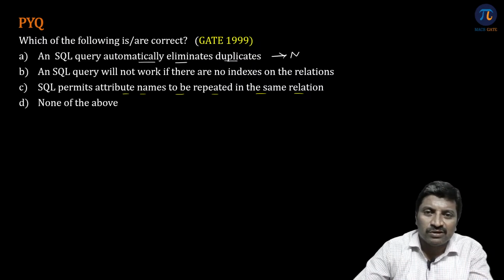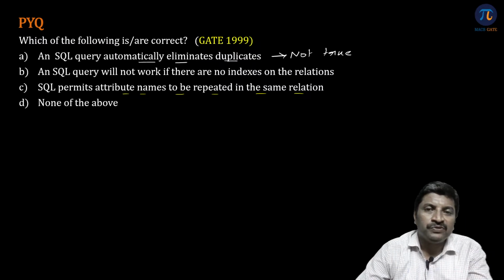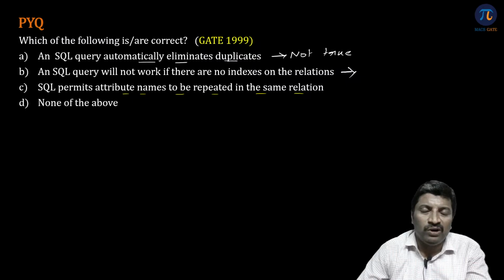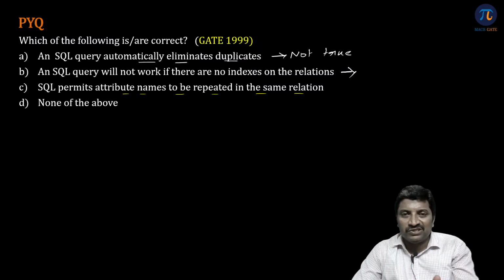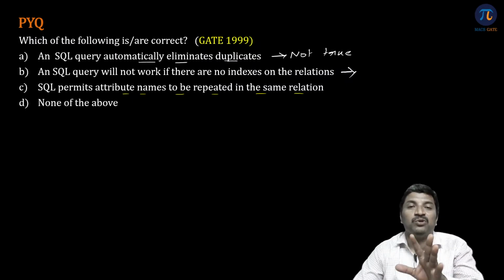The first one, SQL automatically eliminates duplicates. It is not true, sir. You need to specify DISTINCT to eliminate duplicates. The next one, SQL query will not work if there is no index. In all the previous examples, there is no index, and of course we have not discussed anything about index.